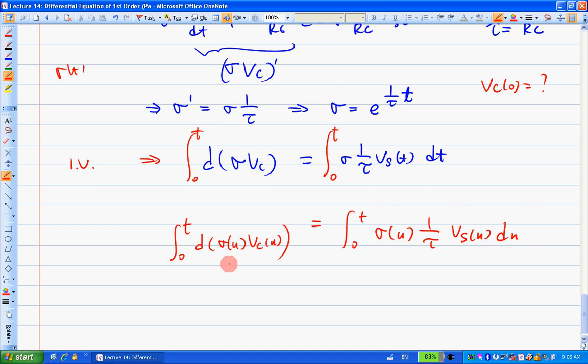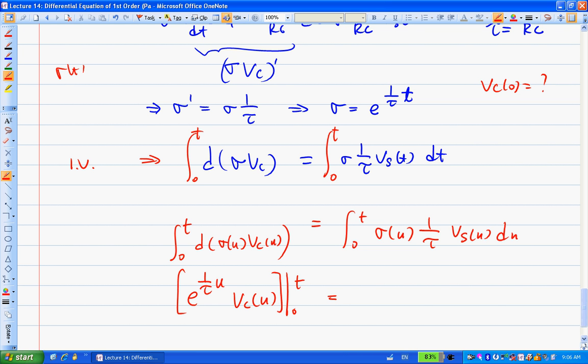Okay, so now let's do this integral here. Any questions on this side of the integral? So this side, the result is just these functions. Sigma u is this, Vc u we don't know, so we're trying to solve for it. So this is 1 over tau, u, and Vc u, with integral limits 0 to t. That's the left side.